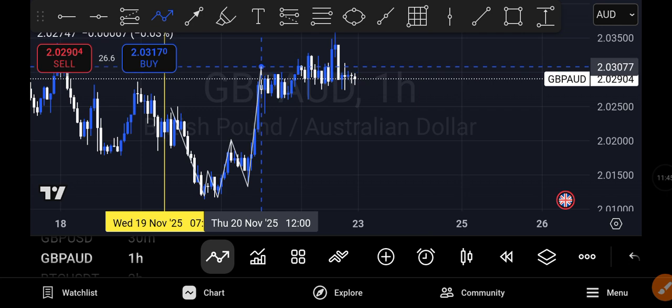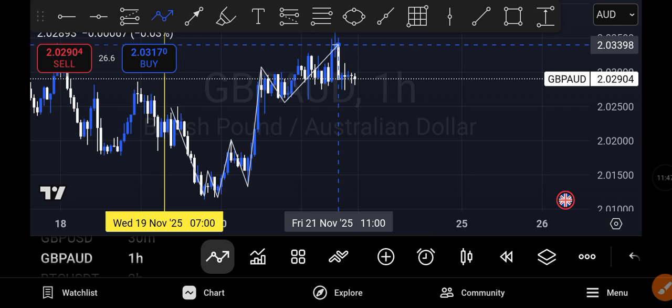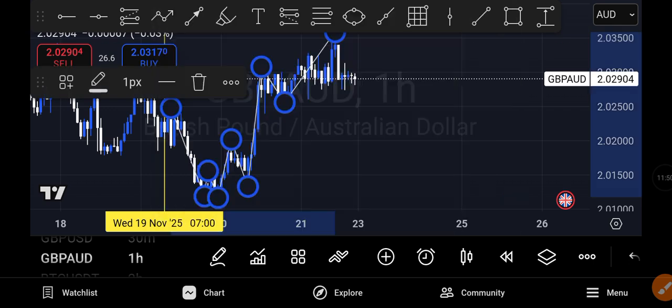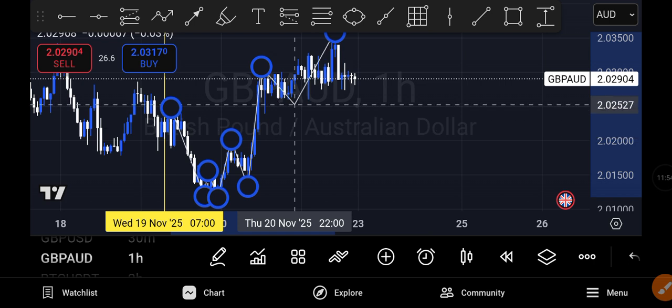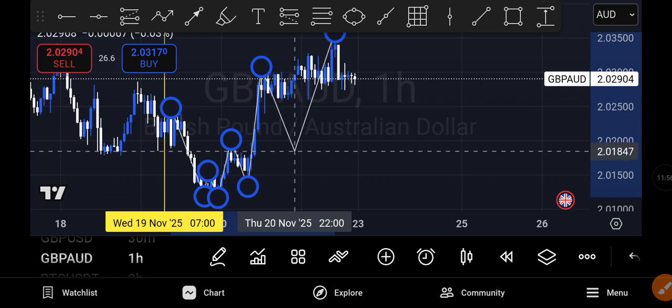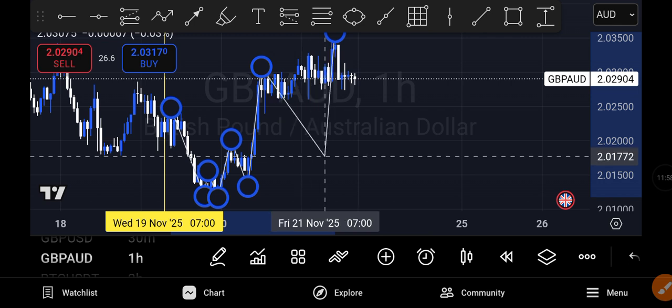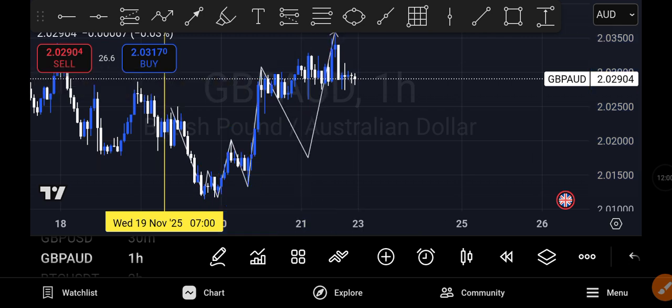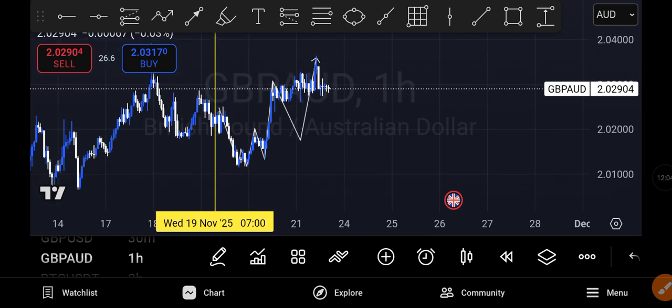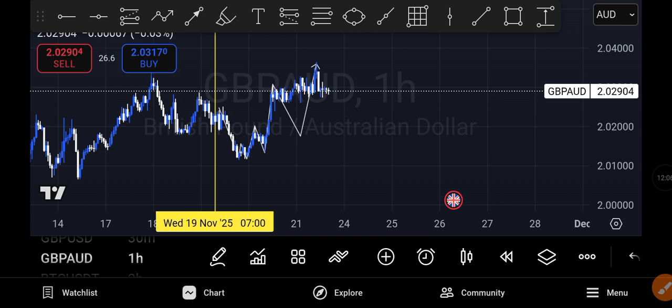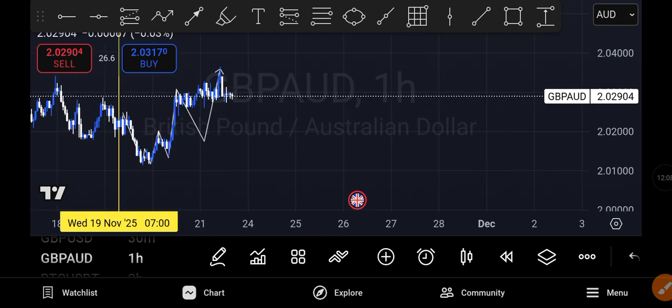Now we are up and we are still very bullish. And this pullback is not even up to 50%, so we don't consider it that much. So we are still hoping that we should have a better pullback to somewhere around here for us to continue with the uptrend, which means the 4 hours and the 1 hour are bullish. So for the immediate short term on GBP AUD, we should be looking for buy opportunities.